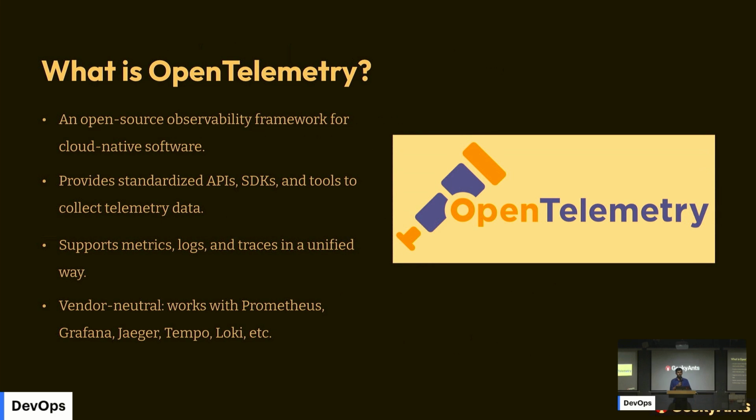Suppose you are using Tempo for tracing in your microservices, and you're instrumenting it with tracing. In future, if you want to change the tool, you need to change the whole application, which again takes developer effort and is time consuming. But if you are using OpenTelemetry and you have instrumented your application once, you can change the tool at the OpenTelemetry end.